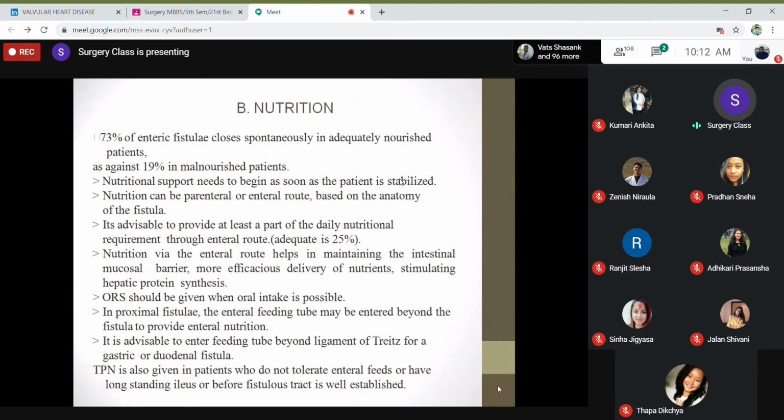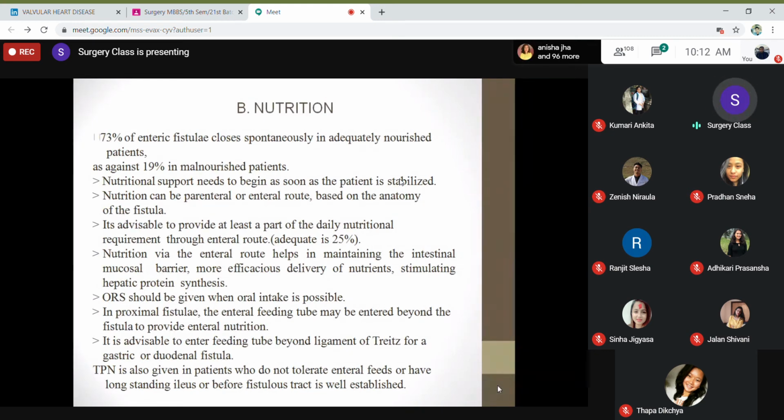Nutrition, as I have already told you, whether you can give enteral nutrition, that is through the mouth, or you have to give parenteral nutrition, because nutrition is the only factor that will give the fistula energy, all the necessary things to build up, to contain the inflammation and then heal the wound.